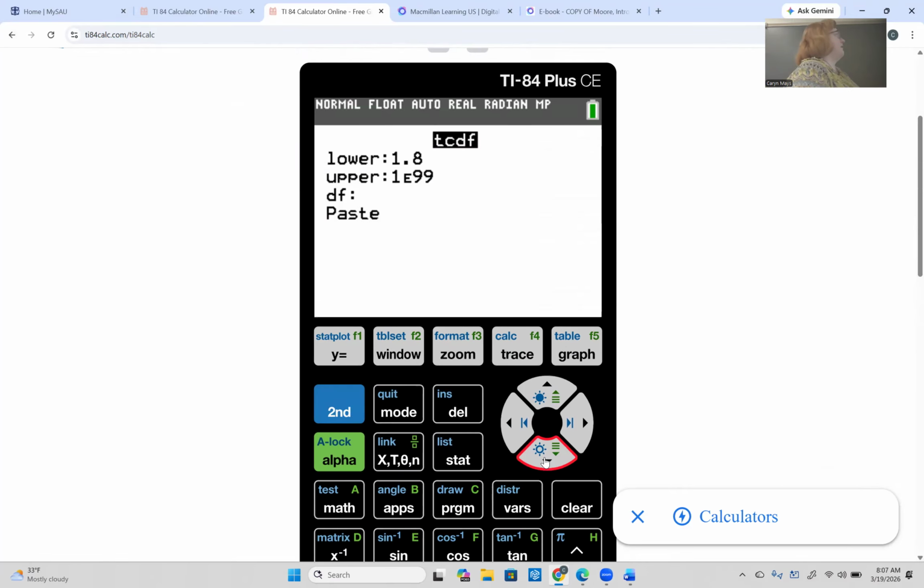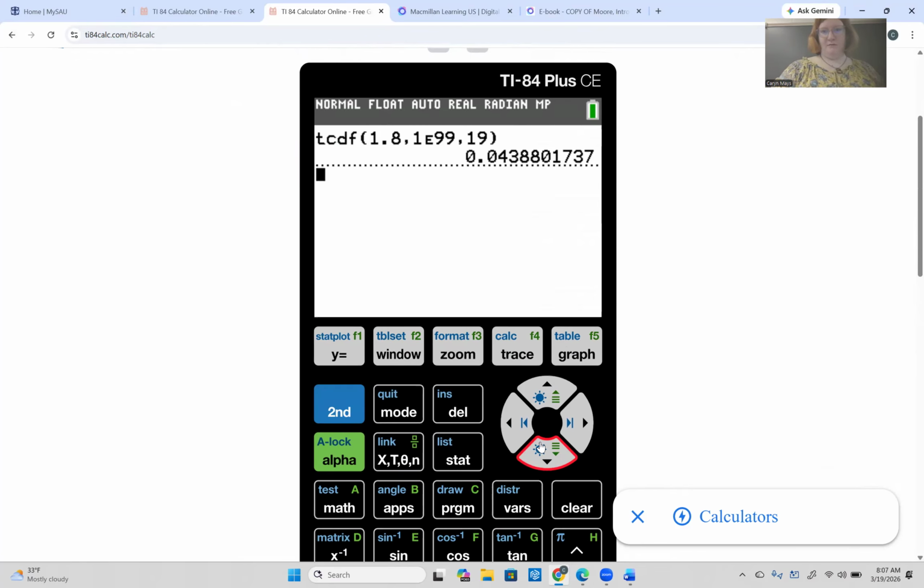What were the degrees of freedom? 19. And paste. We get 0.0438.